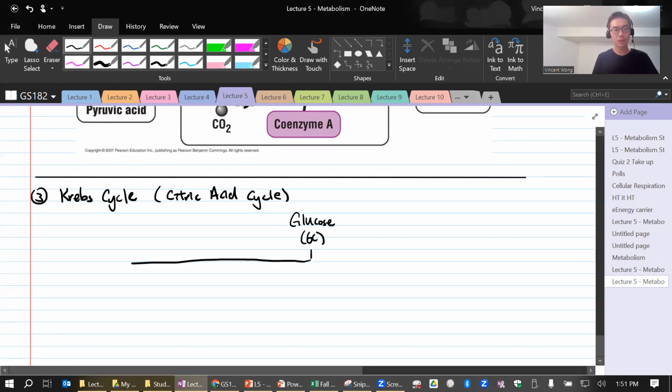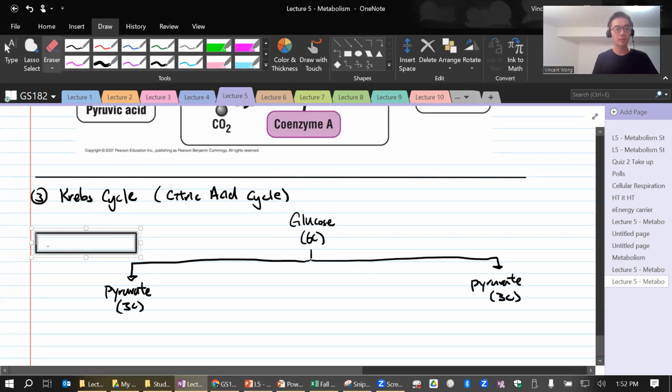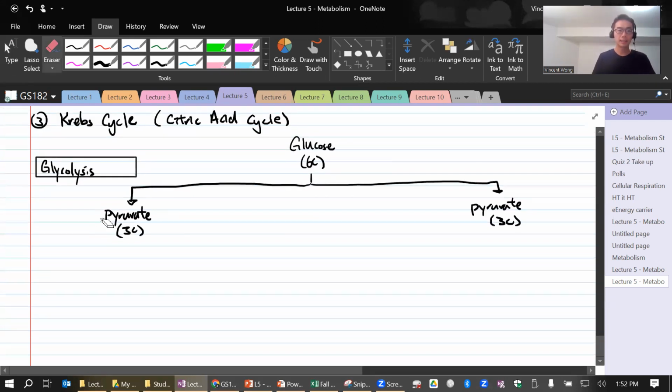Okay, so glucose is going to split into pyruvate. This is called glycolysis, right? I hope you know it by now. And then these pyruvate will go into the matrix where you will do the second step.